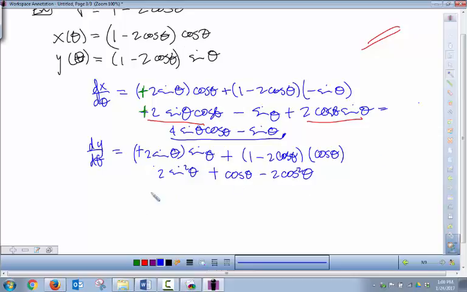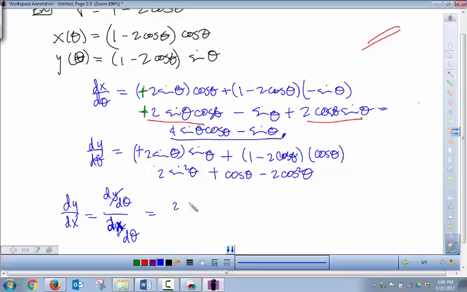And now I would put them in a ratio. Let's make sure I put the right one up on top. So that's dy d theta on top and dx d theta in the bottom.